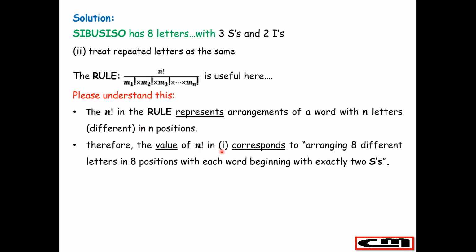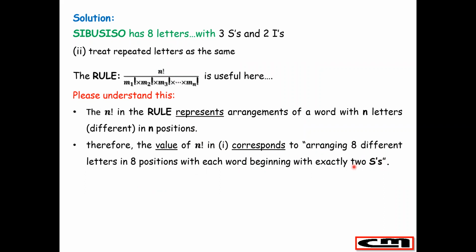That is, if I look at 1, because we are treating the letters as different, that means the value of n factorial in 1, the number that will occupy here, corresponds to arranging 8 different letters in 8 positions, with each word beginning with exactly 2 S's.